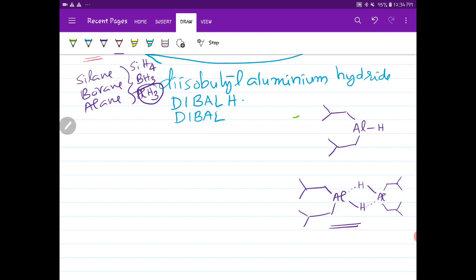From this diagram you can see there is only one hydrogen available, and it is available in the form of hydride because it is attached to aluminium. Aluminium is electropositive, so it is generous to donate the pair of electrons. It exists in the form of a bridged dimer. You can recall the structure of diborane; that's how it appears.